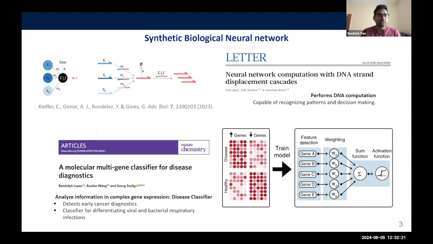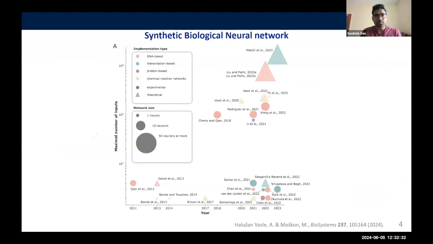They validated their model, which detects early-stage cancer and also differentiates between viral and bacterial respiratory infections.